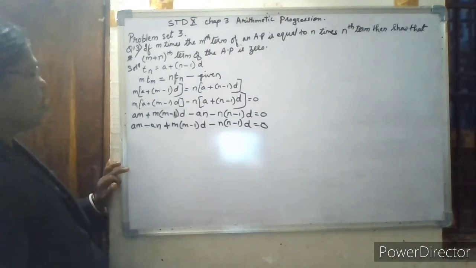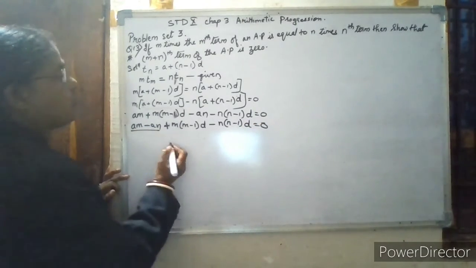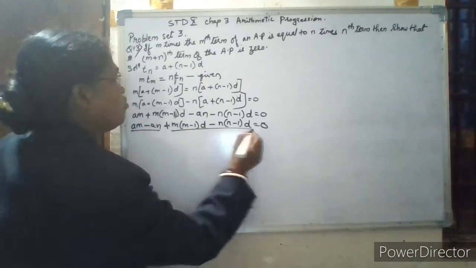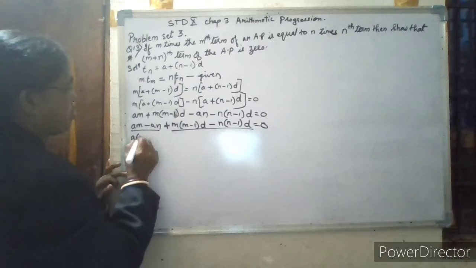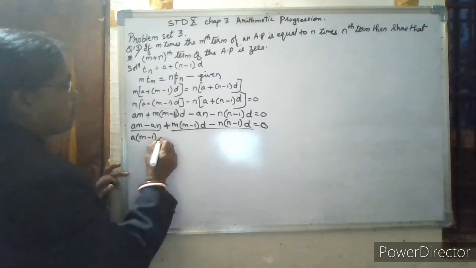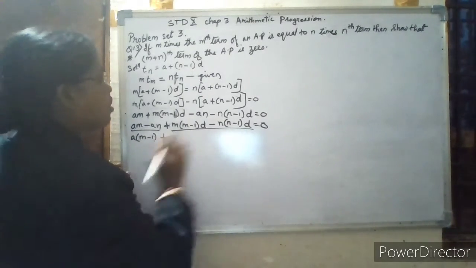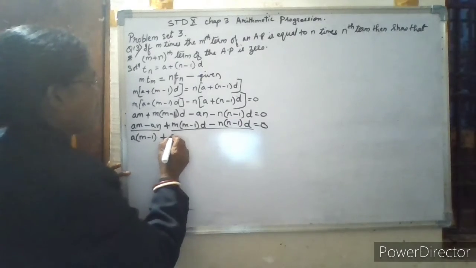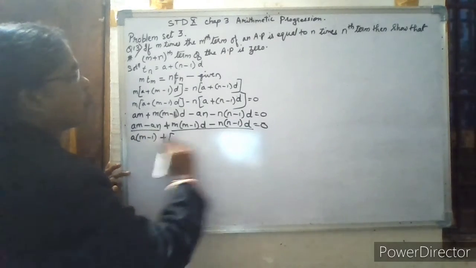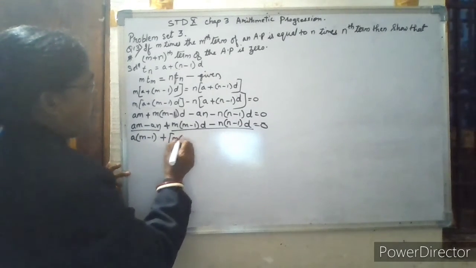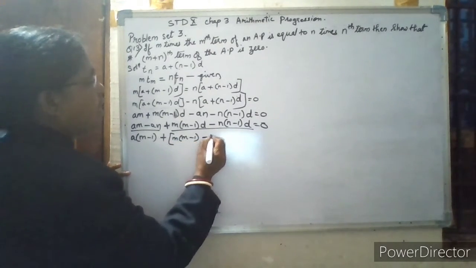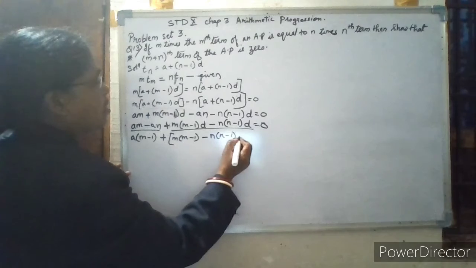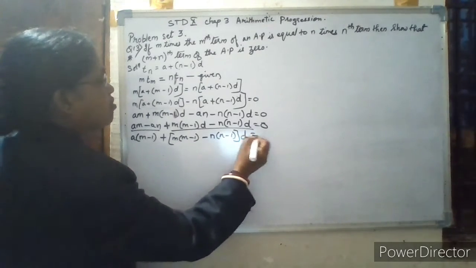Now in these two terms, a is common, so m minus n is common. Plus in these two terms, d is common. What is uncommon we put in the square bracket: m into m minus 1 minus n into n minus 1, with d taken out as common.